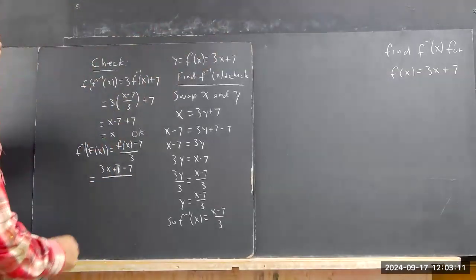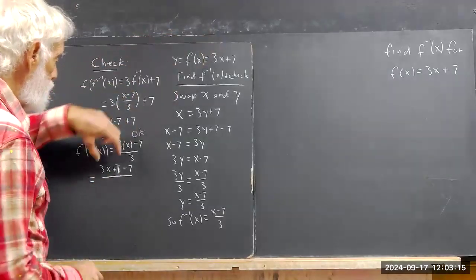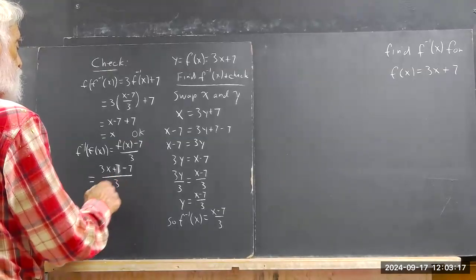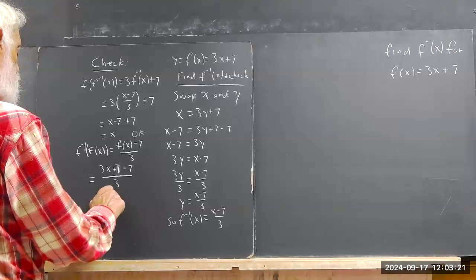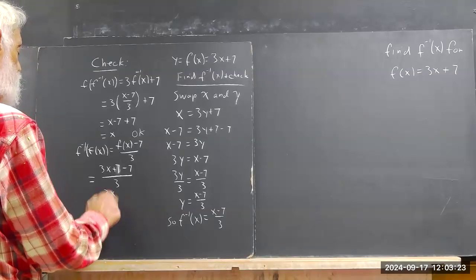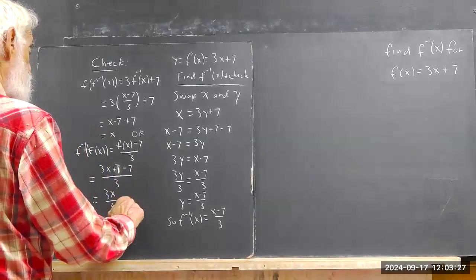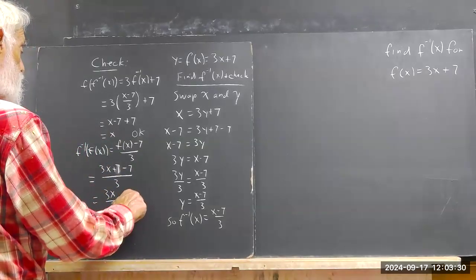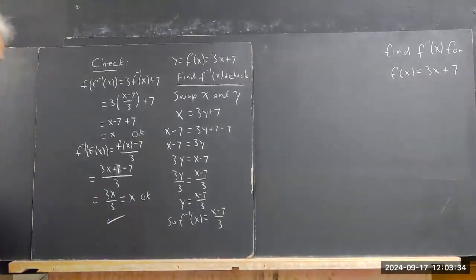I don't know what I was thinking. Anyhow, we replace f of x by this, and we get 3x plus 7 minus 7 all over 3. That's just 3x over 3, because 7 minus 7 is 0, and dividing 3x by 3, we get x. That's okay. So we check it.